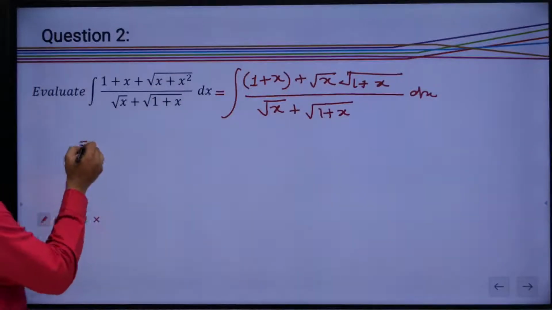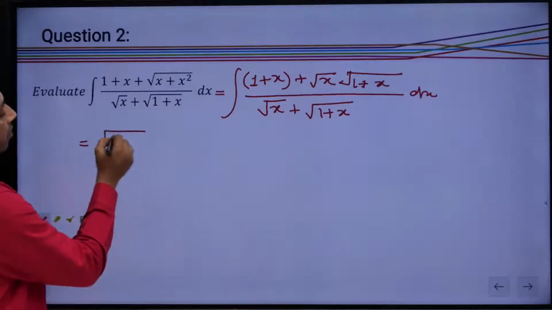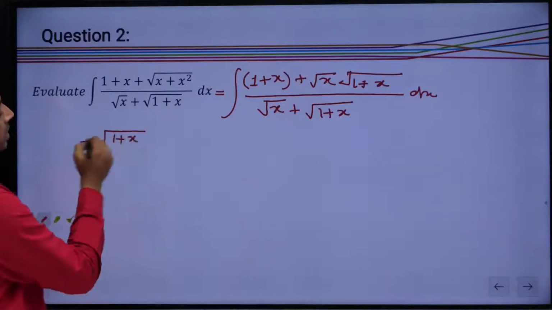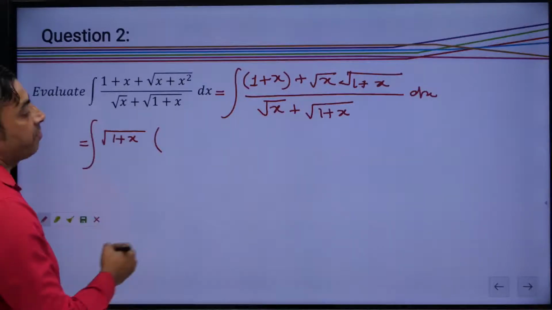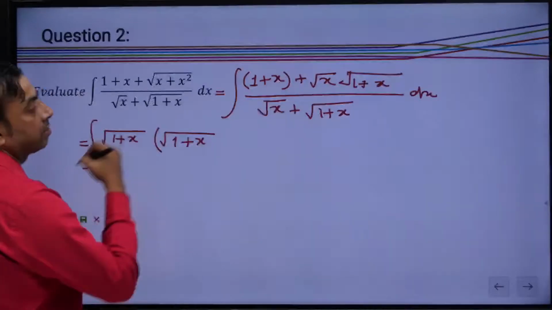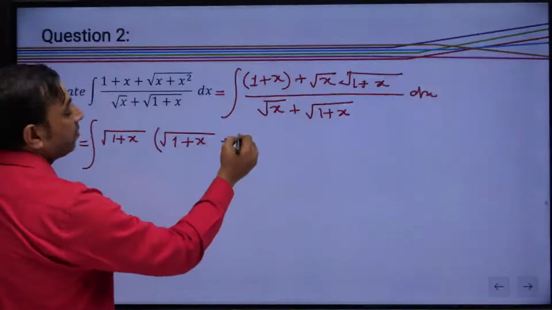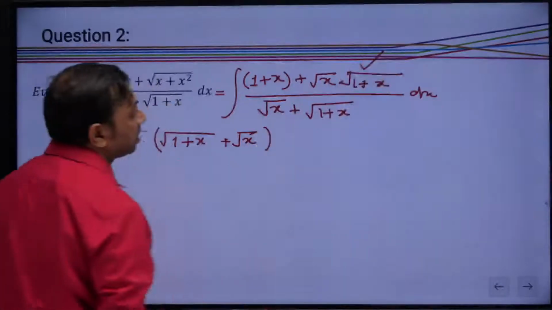Now in the numerator, we can take square root of 1 plus x as common, okay, and inside the bracket we receive square root of 1 plus x, and in the second term we receive only square root of x. This is common basically from here.